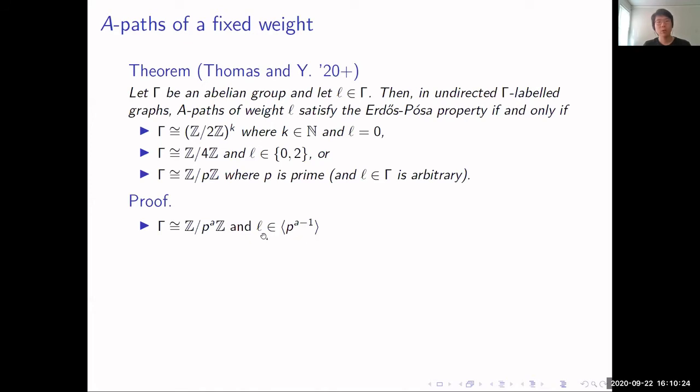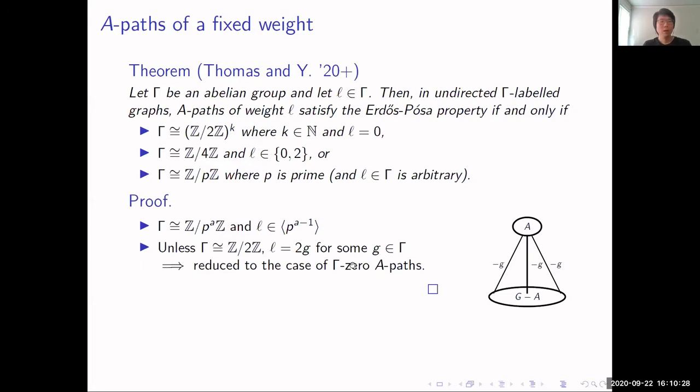So L has to have order P. In each of these cases, unless the group is equal to integers mod 2, L is going to be divisible by 2 in this group. If the prime is odd, then you can always divide by 2. And if this is 2 to the power of A for some A larger than 1, then you can always divide by 2 because L has to be in this subgroup.